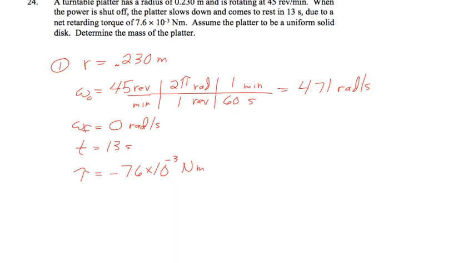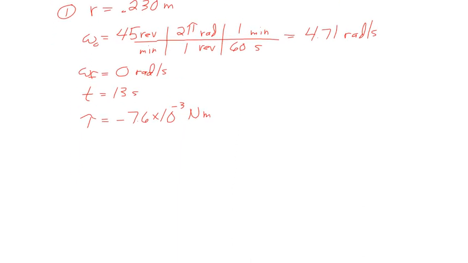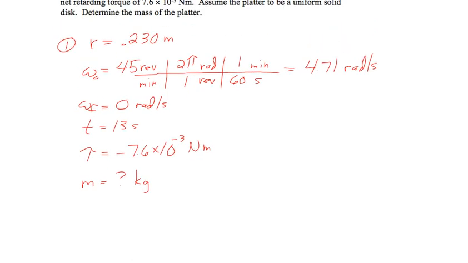And we're going to be looking for the mass of the platter. So that's the unknown. That will give me the answer in kilograms based on the units for everything else in this problem. So I know that the mass is related to the I.